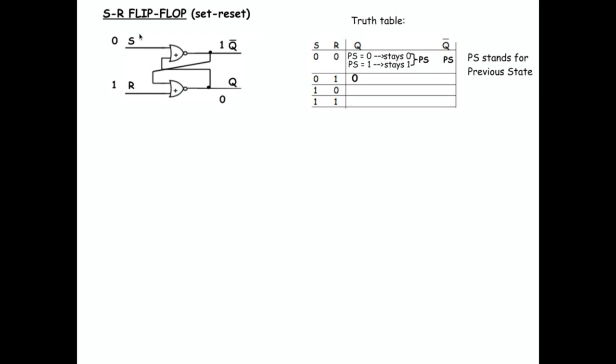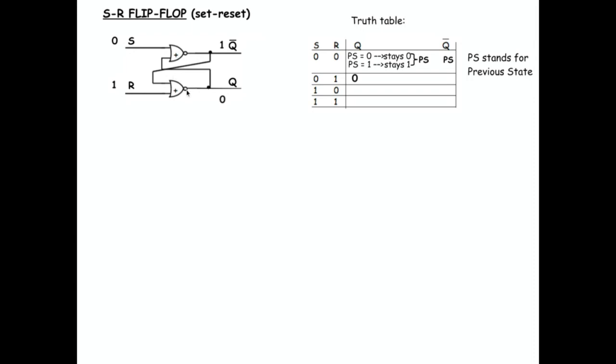So if S is 0 and R is 1, let's see what happens. I'm sorry, R is 1, so R goes into the OR. Whatever is the second input for the OR, the output of the OR is going to be 1. Okay?